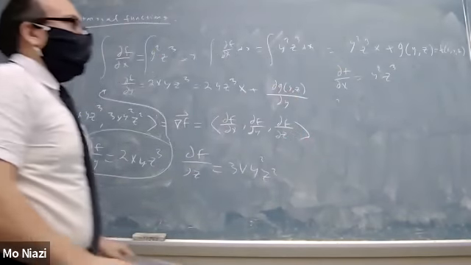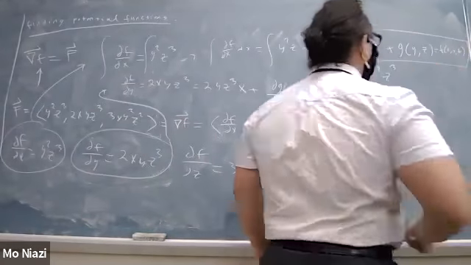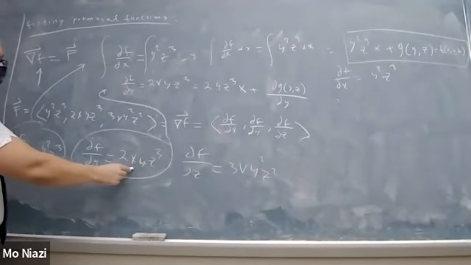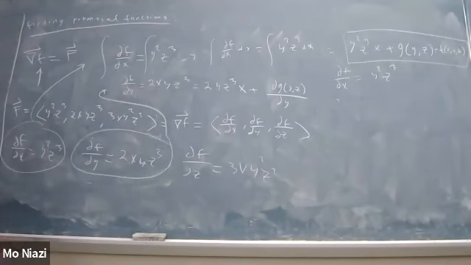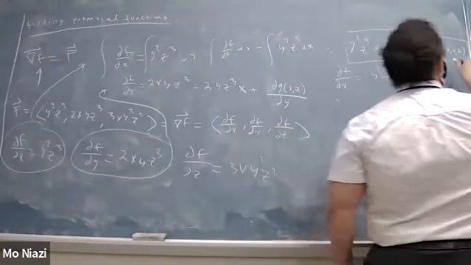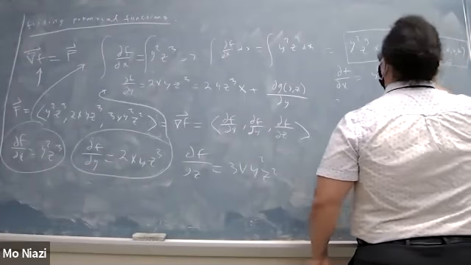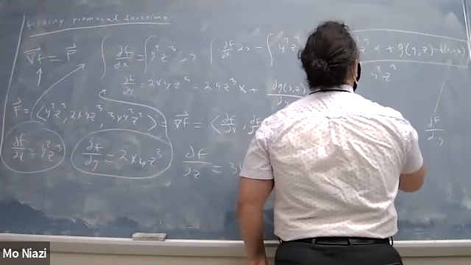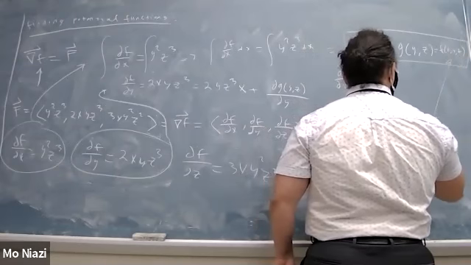Say what? Well, once we got here, right? We said we know what partial f partial y is equal to. It's this. So we put this right here. But then we also said, well, we can also arrive at this expression by taking partial f partial y on both sides here. Partial f partial y here, and partial f partial y here. So this becomes 2yz cubed x plus partial g partial y.